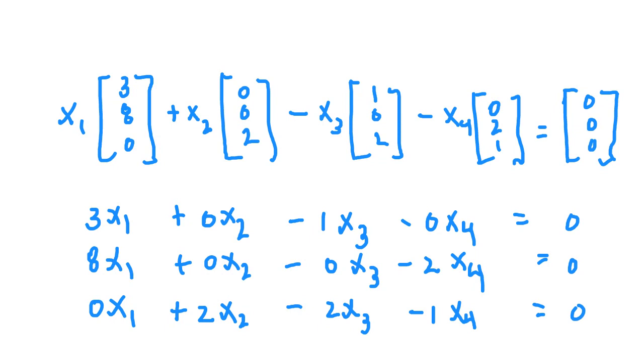Is this system of equations non-homogeneous or homogeneous? Homogeneous, that's right, Mikhail. That's right, Jonathan, because we have zeros on all the right-hand sides of those equations. So now what we want to do is take this system of linear equations and express it as an augmented matrix.